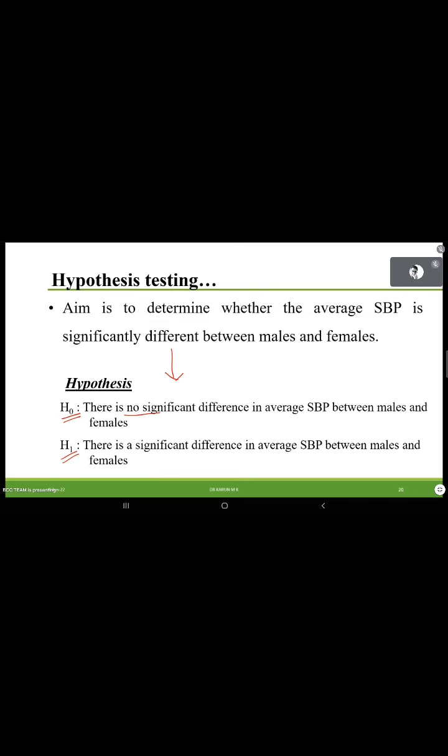Now we will see based on what you are going to accept or reject this hypothesis. When you do the calculation manually, how will you make the decision whether to accept or reject the hypothesis for any testing procedure in statistics? Whenever you go for a t-test or ANOVA or chi-square, whatever it may be, if the calculated value is greater than the table value, you will reject the null hypothesis.